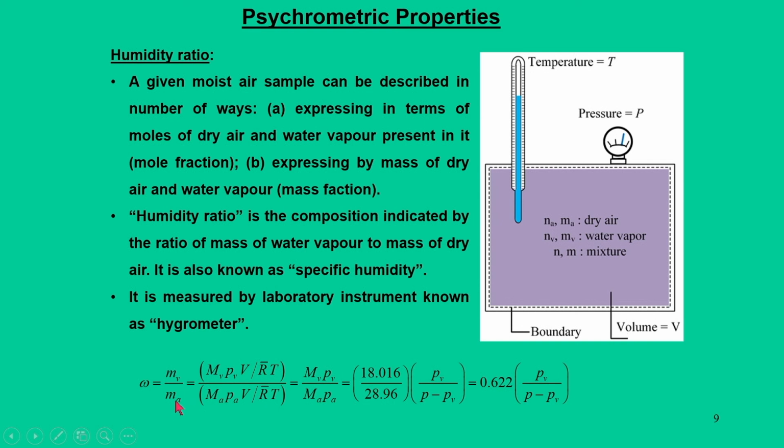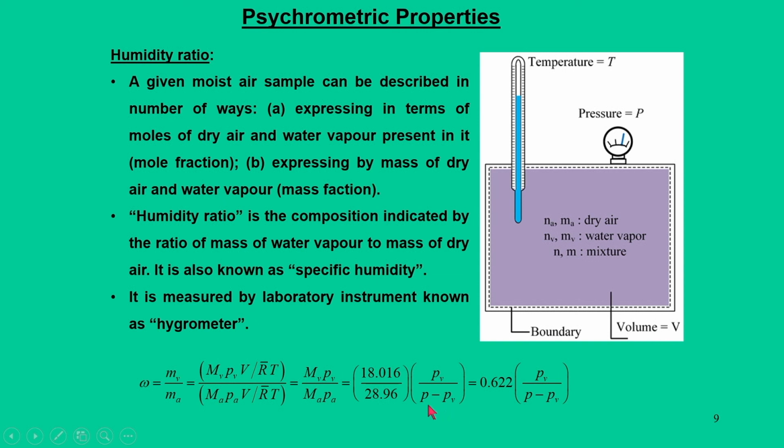Similarly, we can find the mass of air. After simplification, we get a ratio of molecular masses for water vapor and air, and then we have Pv and Pa, where P is the total pressure and Pa is the air pressure.